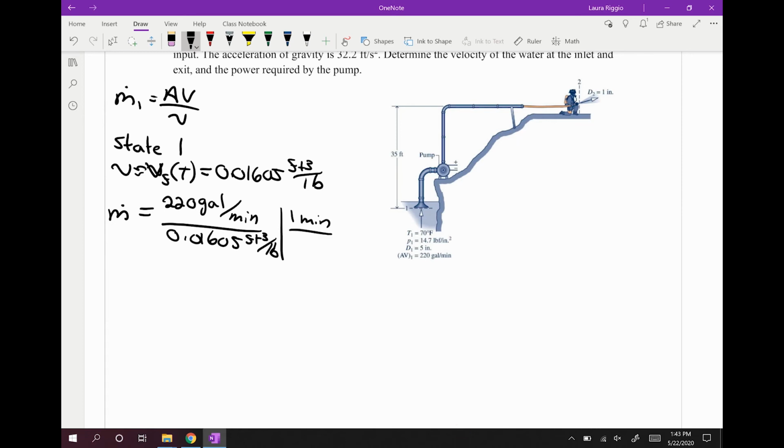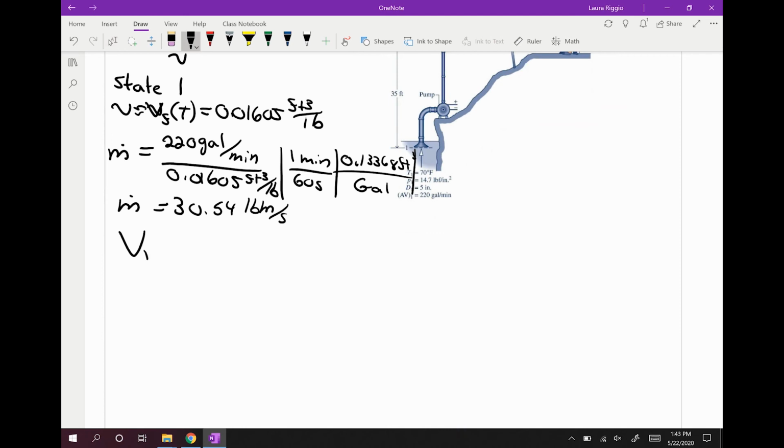I'm going to correct my units, and I'm going to get my mass flow rate is equal to 30.54 pounds per second.